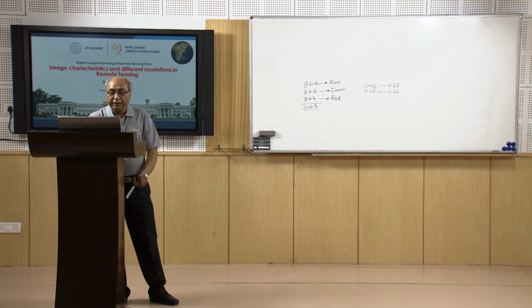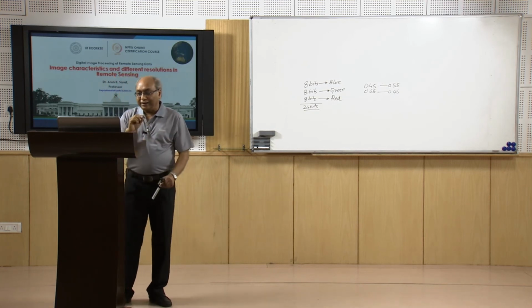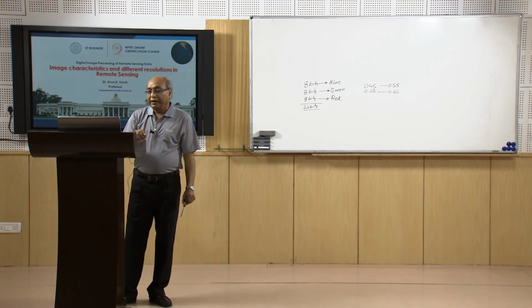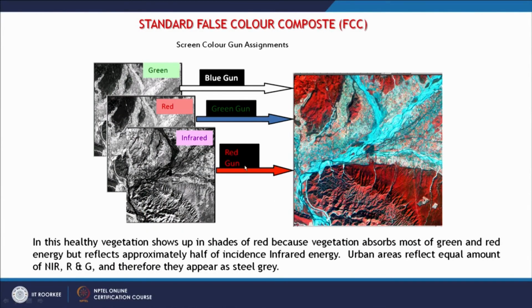Now as I have been mentioning, in a standard false color composite, the infrared channel, as you can see here, is always assigned the red gun or red color, and the other two bands belong to the visible part of the EM spectrum: the red band is assigned green color, and green is assigned blue color.